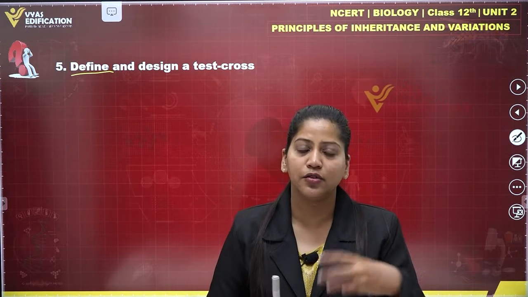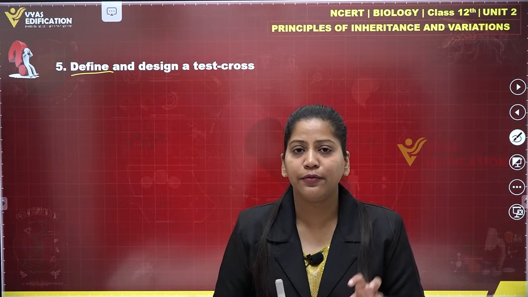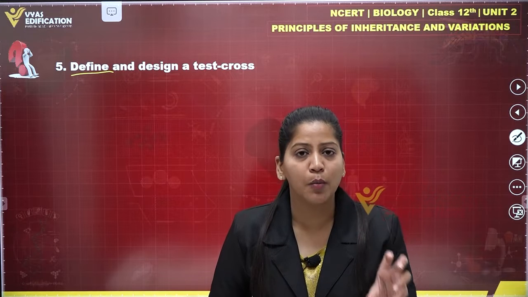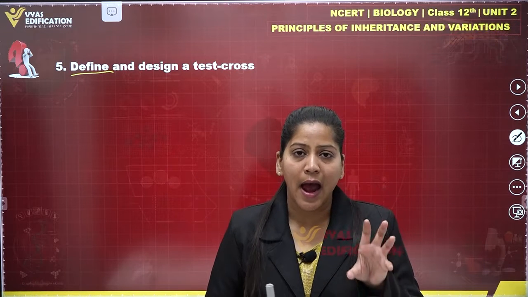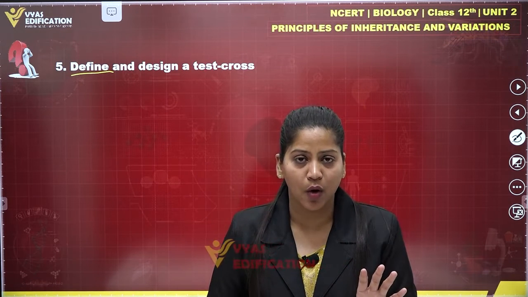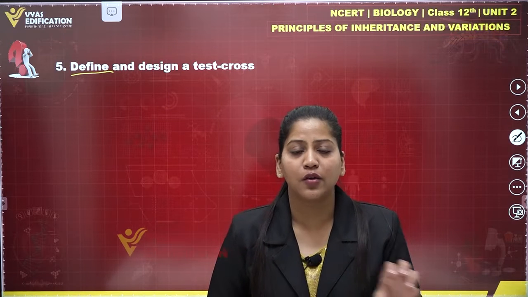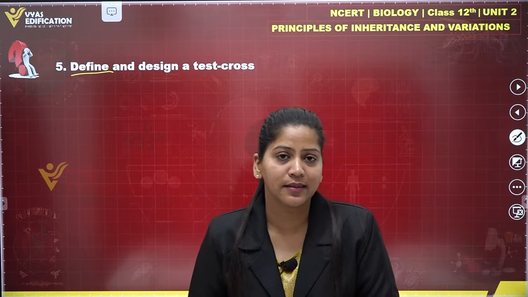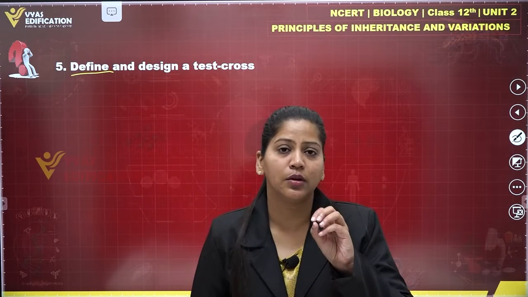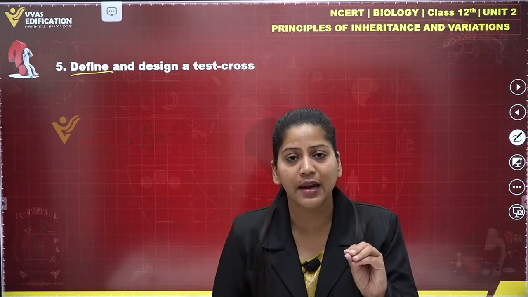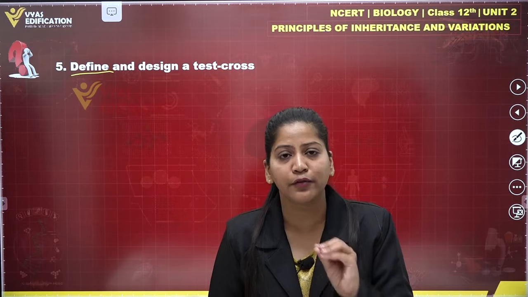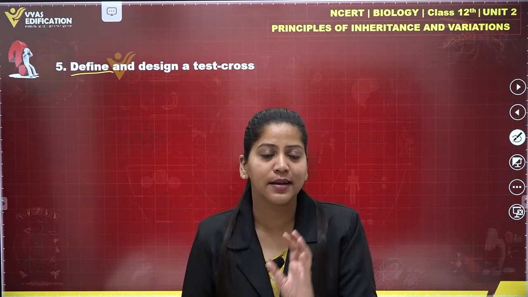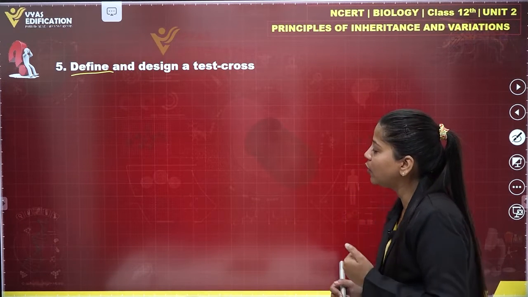If the organism is homozygous and we do a test cross, then all the offspring are the same. If the genotype is heterozygous, then half of the offspring will be homozygous and half will be heterozygous.